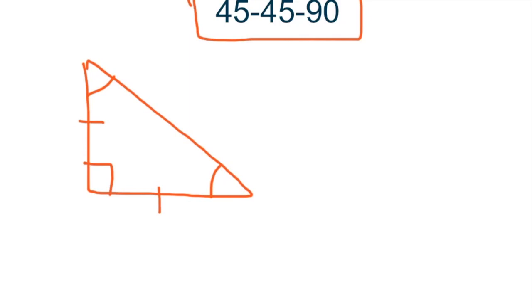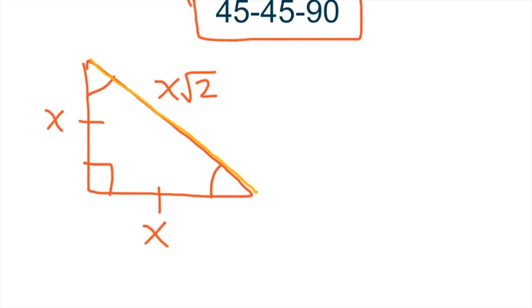In a 45, 45, 90 triangle, the legs will always be the same value, so let's call that x. The hypotenuse of a 45, 45, 90 is always going to be the length of the leg, x, multiplied by the square root of 2. In every scenario, this is going to be the case.